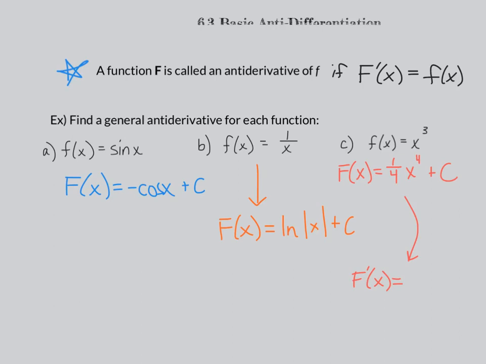Oh, 4 times 1/4 is just 1. Then I take 1 less in my exponent. So it's x cubed. So that does work. If I were to take the derivative of any constant, it's 0. So we can see that we're left with the derivative here. So that's how you take an antiderivative just in general. That's your thought process. We're going to do a couple more examples next.